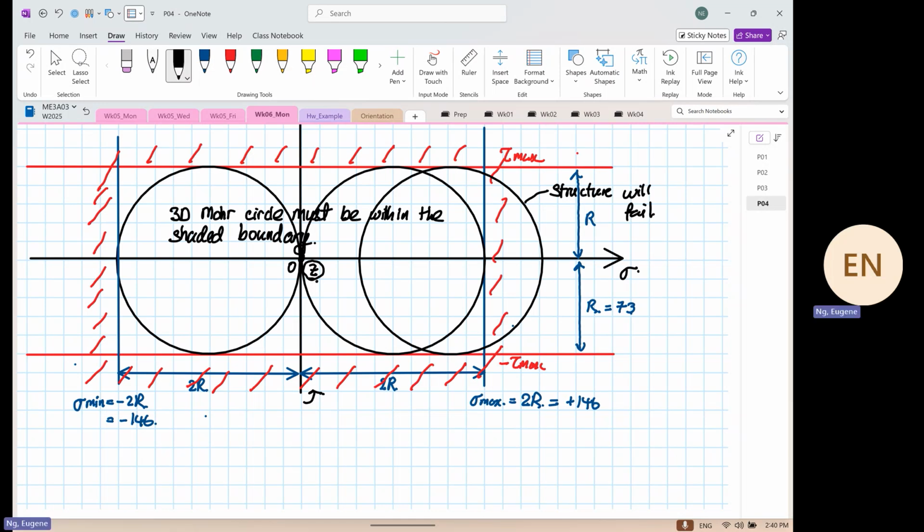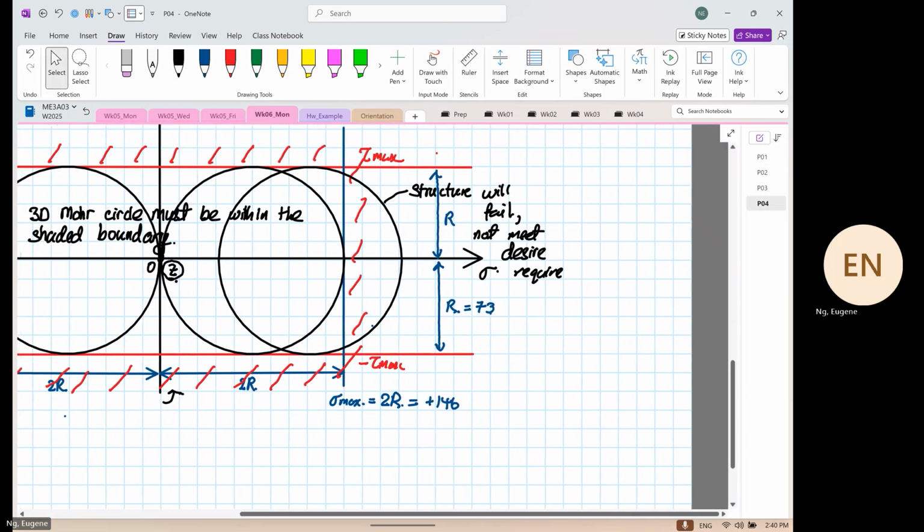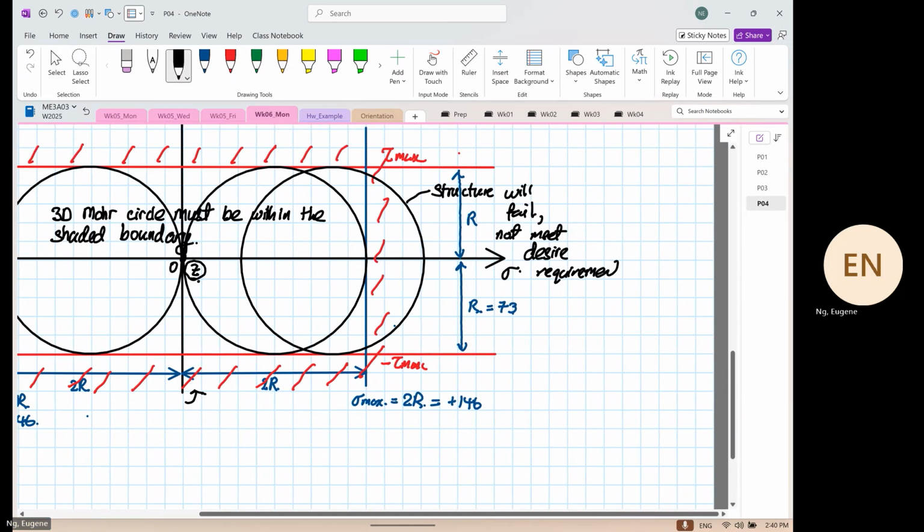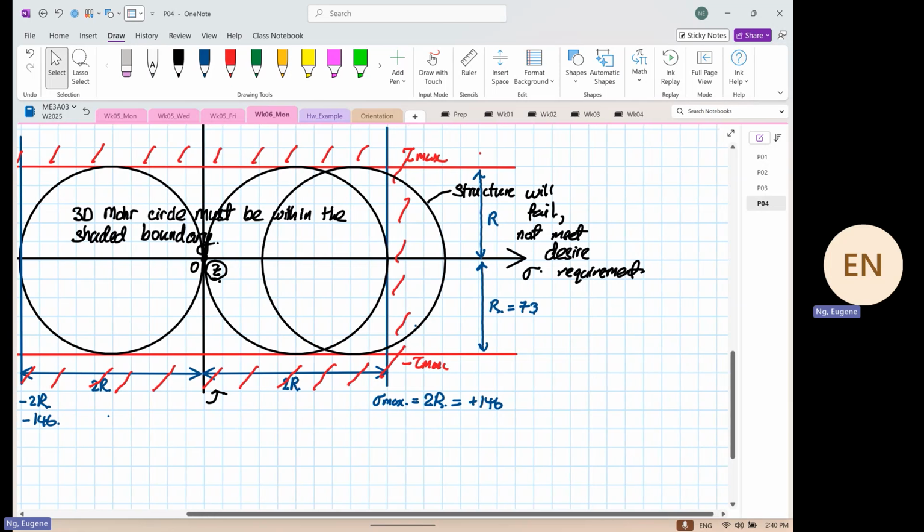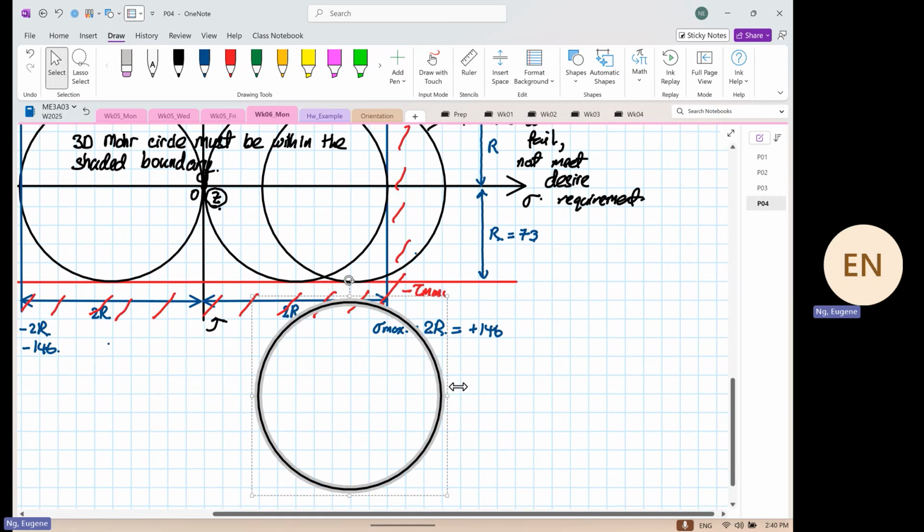Okay, fail or not meet design requirement. This is before buckling, okay? After buckling is another paradigm. Are we clear? Okay, so if the circle happens to go outside, the stress makes the structure will what? Will fail.